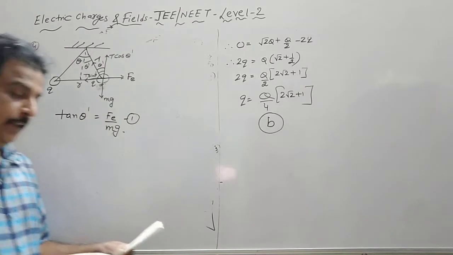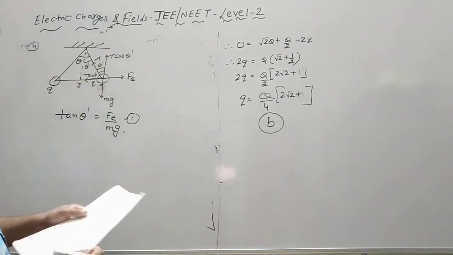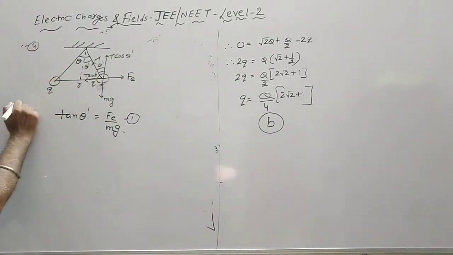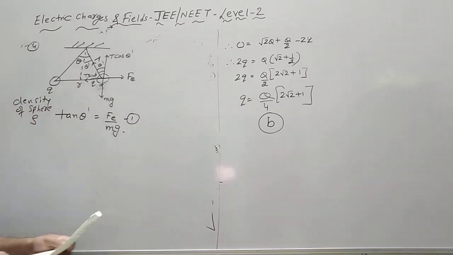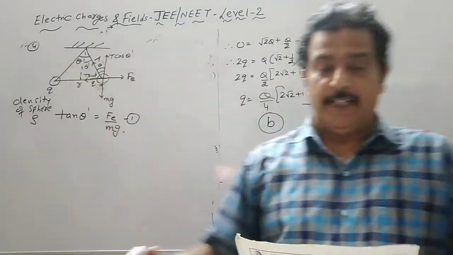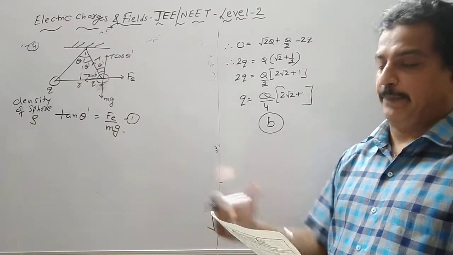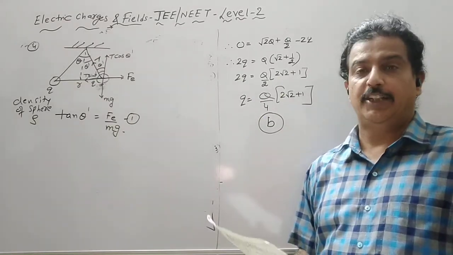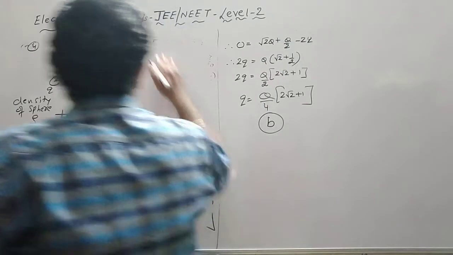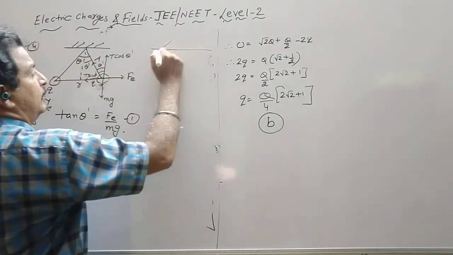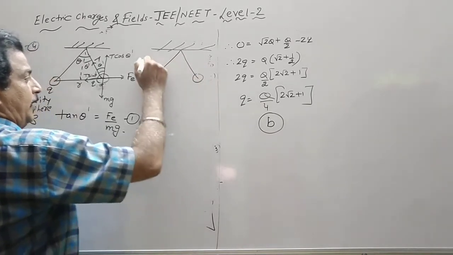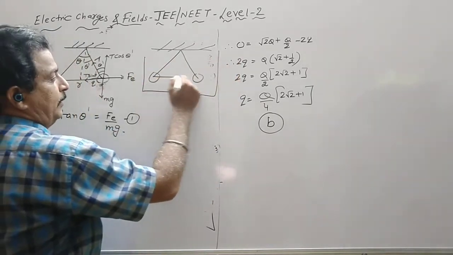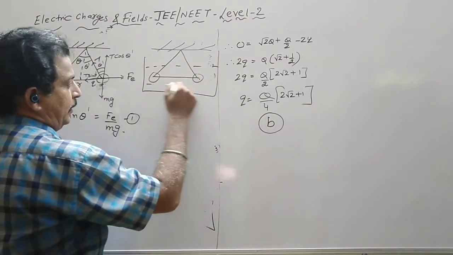Now it is given that the density of the sphere is rho. Now the entire arrangement is suspended in a liquid of density sigma. So this same arrangement is suspended in a liquid.